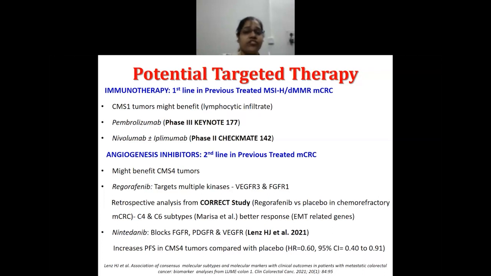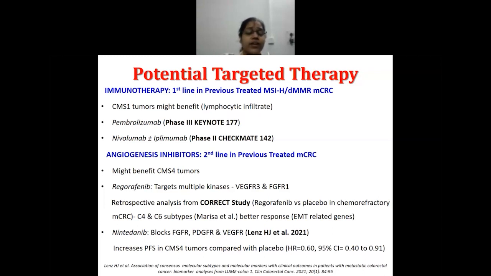The second potential targeted therapy is the angiogenesis inhibitors, which have been recommended as of now as second line agents in previously treated metastatic colorectal cancers. These inhibitors might actually benefit CMS4 variants, which have EMT expression as well as characteristic increased angiogenesis. The agent in point is regorafenib, a small molecule multi-kinase inhibitor targeting VEGFR3 and FGFR1.